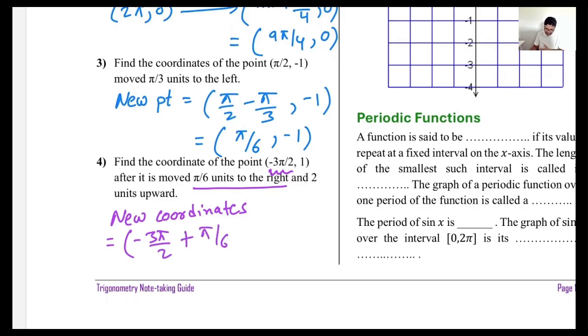You moved it to the right, and then you moved it 2 units upwards, so for the y coordinate you'll add 2 to it, plus 2. You move it up, and now you simplify it, your answer will be minus 9 pi over 6 plus pi over 6, which is minus 4 pi over 3, comma 1 plus 2, which is 3. You can simplify it and check.